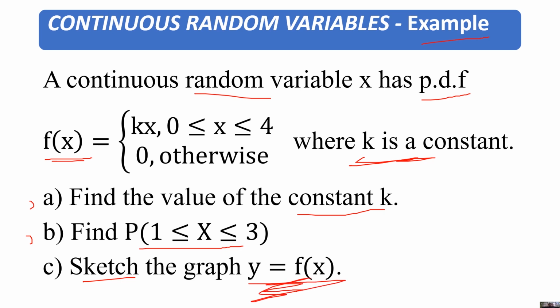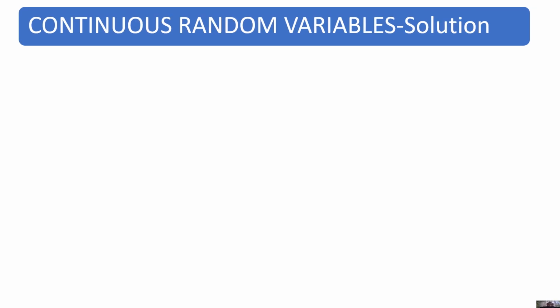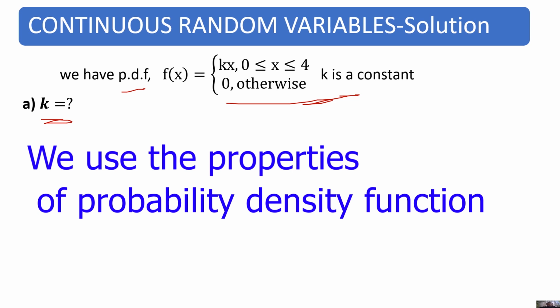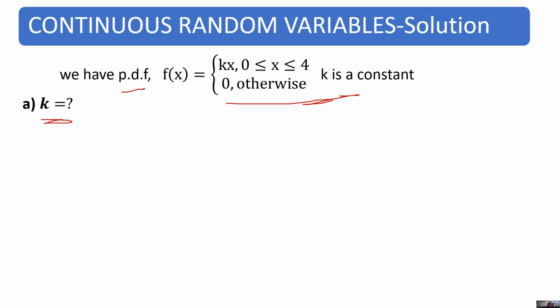Let us find the solution of this example. We have the probability density function, this one, and A is to find the value of k. Here we use properties of the probability density function. The second property states that the integral over all x of f of x dx is equal to 1.